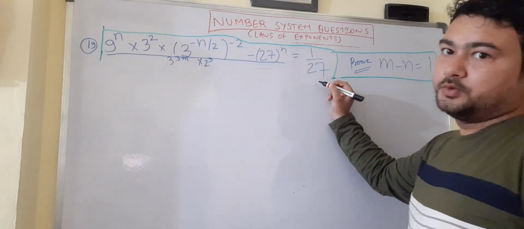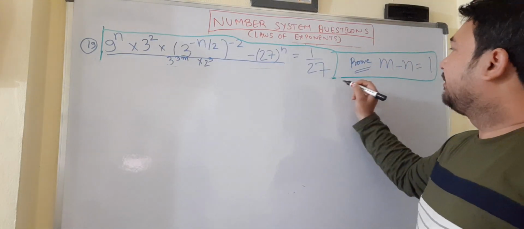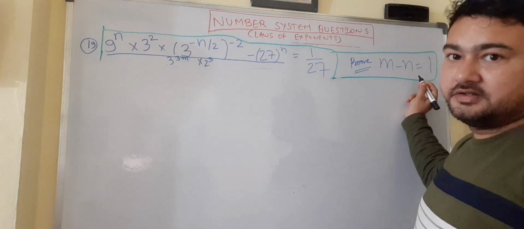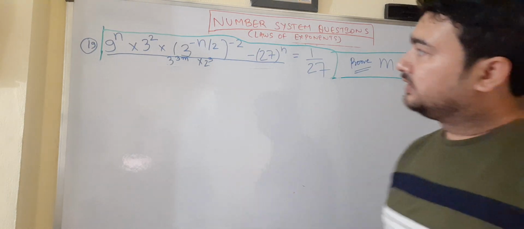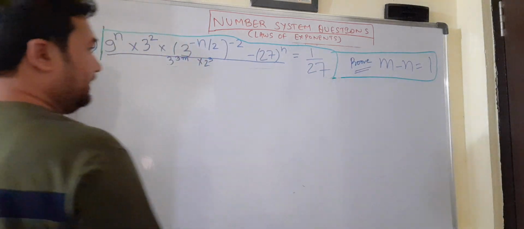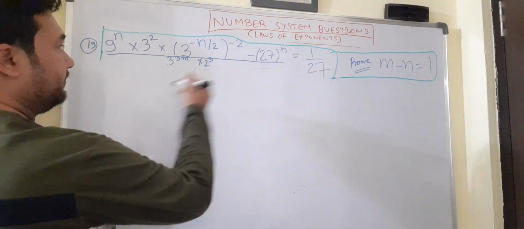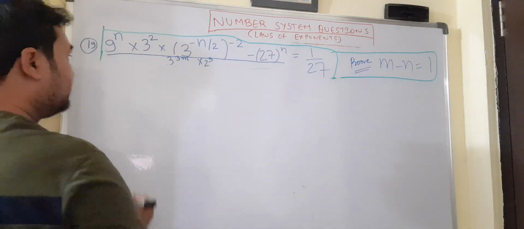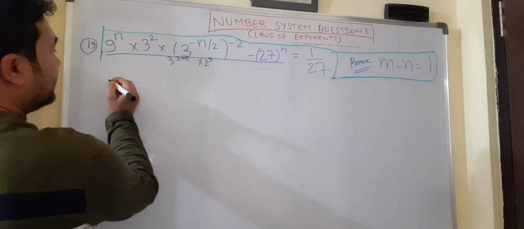This you don't have to prove, this is given. What you have to prove is m minus n is equal to 1. Let us solve this, and we will arrive at m minus n equals 1 if we take the right approach. In mathematics, taking the right approach is very essential.